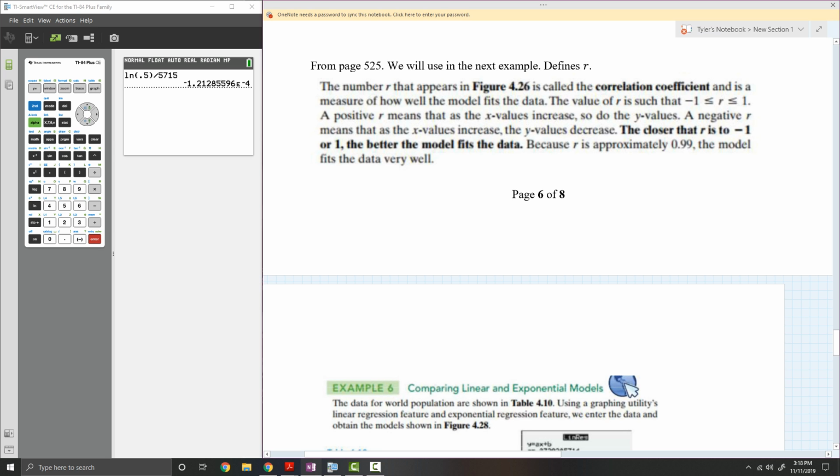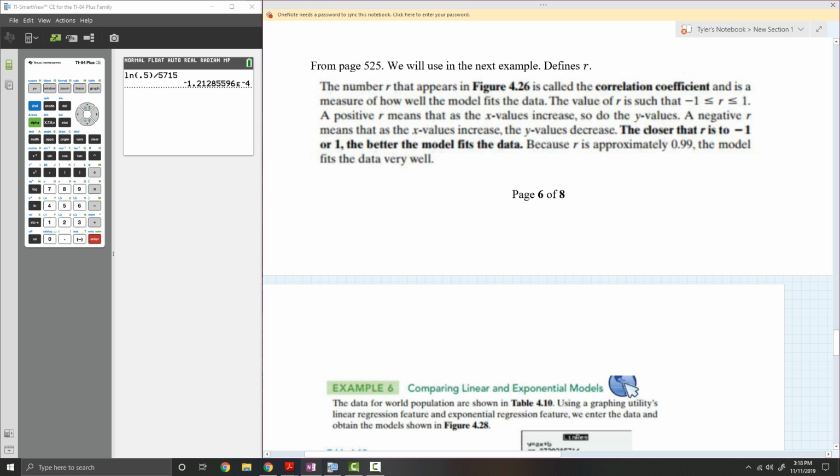So then I have here another part from the text. This is page 525. This is going to define R, which is called the correlation coefficient. Maybe if you've taken statistics before, you may have done linear regression, maybe in a high school stats class, or in a previous course.